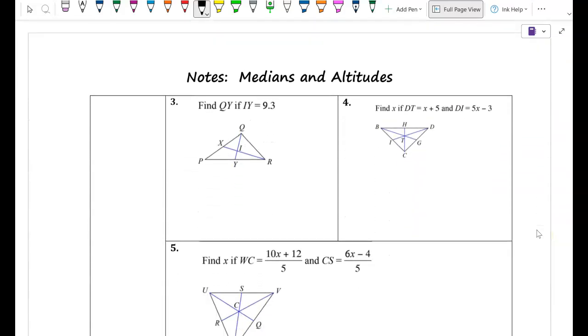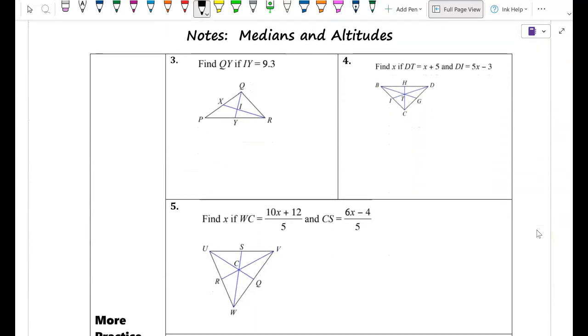All right, more examples on the next page here. Find QY if IY is 9.3. Again, QY here, we're talking about this segment. The top of it is the 2/3, the bottom of it is the 1/3.